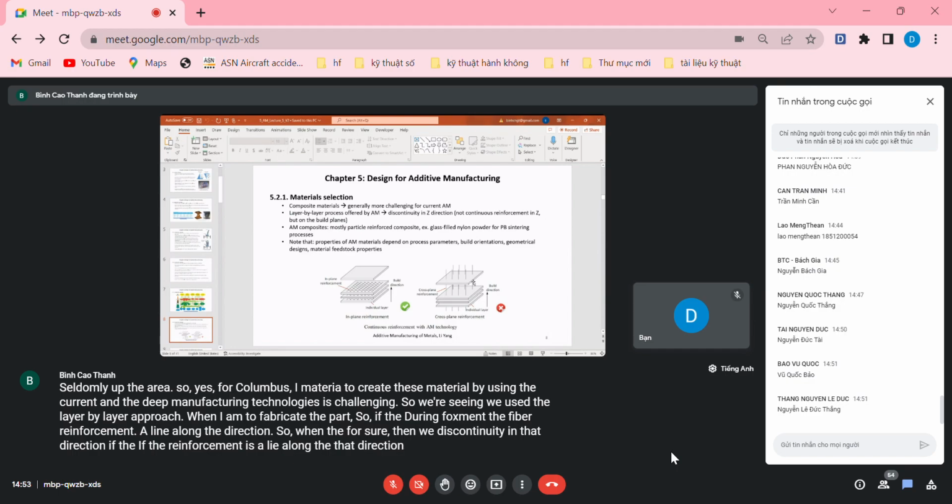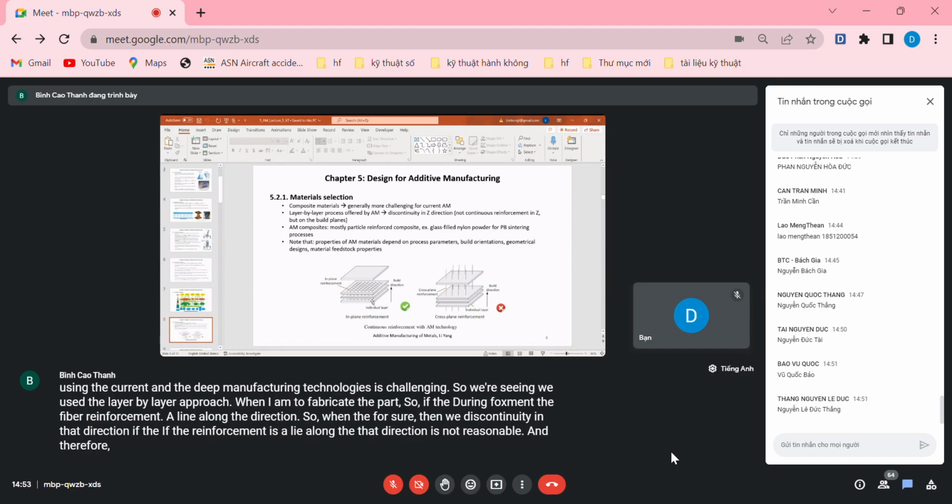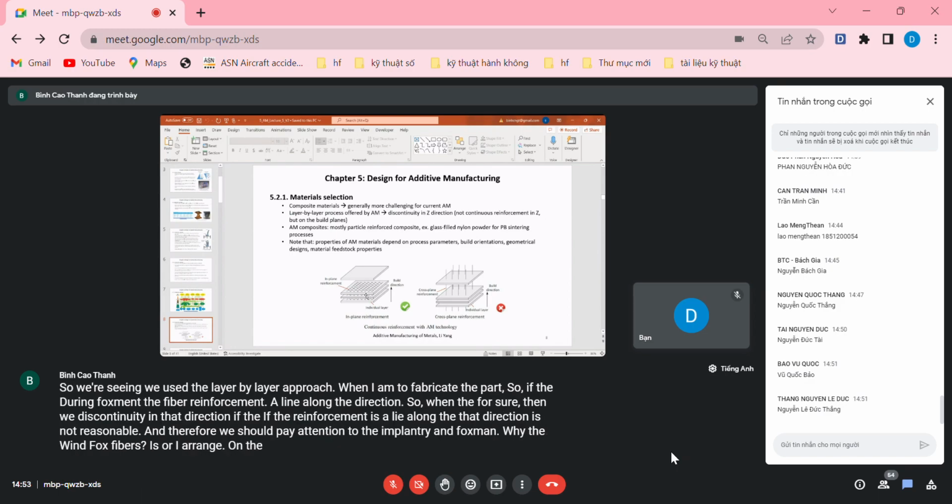So it's not reasonable. Therefore, we should pay attention to the in-plane reinforcement, where the reinforcing fibers are arranged on the plane of the layer.